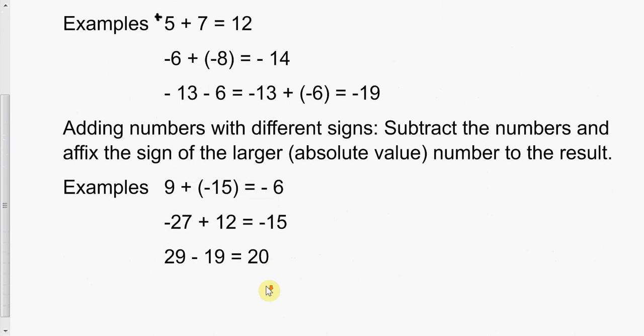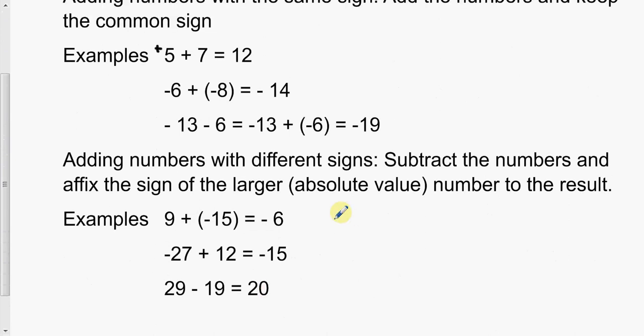Now, how does that relate to variables? So when you're doing the algebra, if you had 9x plus -15x, you see this is -6x. Same variable, so they're like terms, so I deal with the coefficient, keep the common variable x.